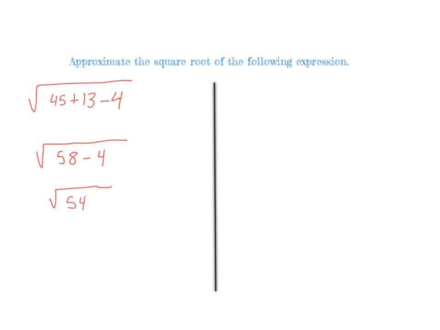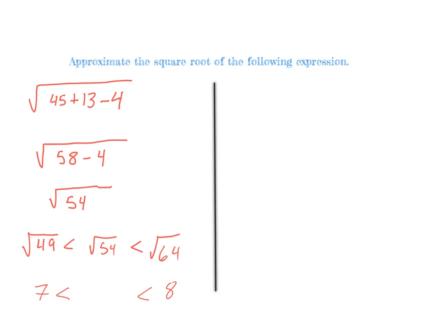54. Now we know that this is not a perfect square, so we need to use the method of approximation that I taught you. So we are going to find the perfect squares right above and below 54, which are 49 and 64. So we know that your answer is going to be somewhere between 7 and 8.